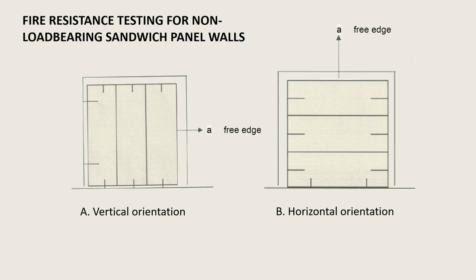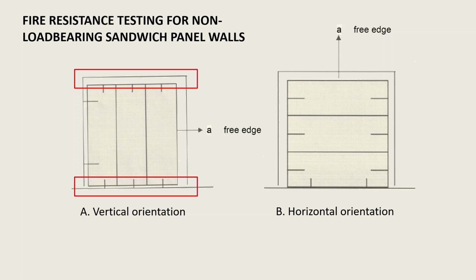Fixings and connection areas of the sandwich panel specimen in both vertical and horizontal orientation shall be according to practical use. However, there are a few typical solutions that often take place in testing arrangements, such as for restrained panel ends, angle profiles can be used to fix wall and ceiling on both sides, and also fix wall and floor on the exposed side.